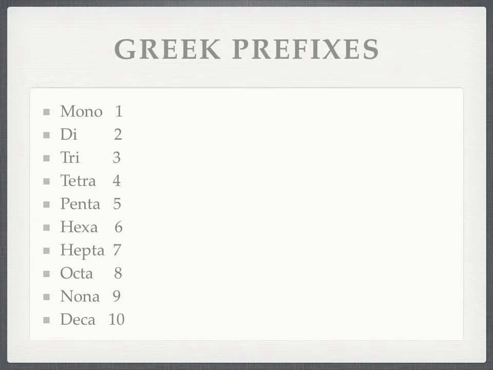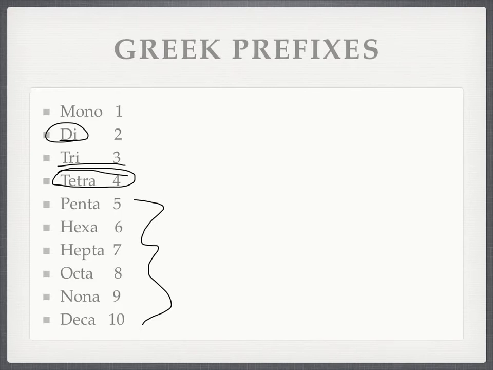Here are our Greek prefixes. A lot of these you're probably familiar with. There are a few that might be a little different, or that maybe you've never heard of. One is mono. Two is di. Make sure you use di, not bi. There are sometimes two prefixes that can be used for that, but use di. That's the one we're using. Tri for 3. You may not be familiar with tetra, but tetra is the prefix for 4. And after this, these are prefixes just like you would use in math if you were talking about figures with different numbers of sides: pentagon, hexagon, and so on.